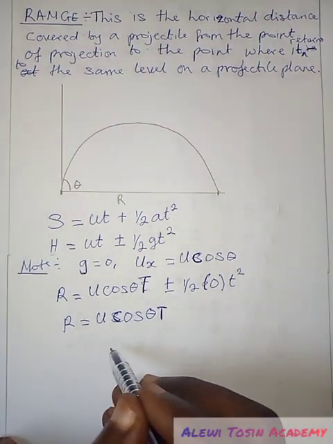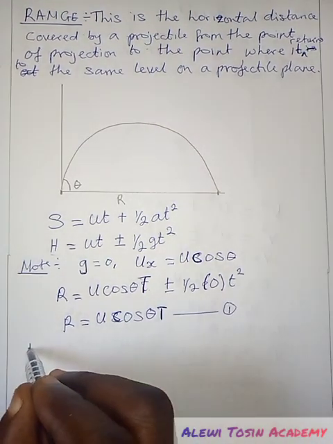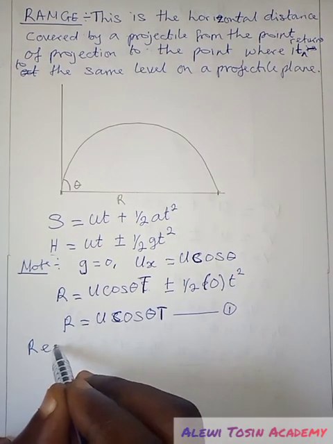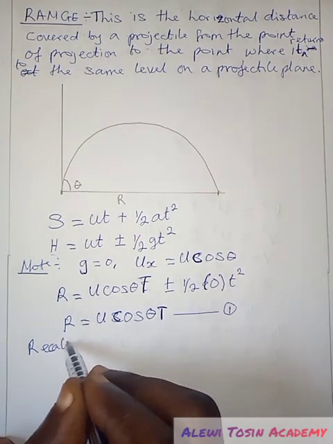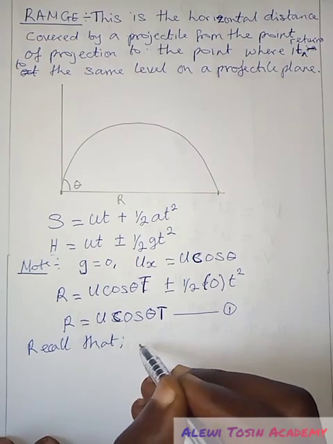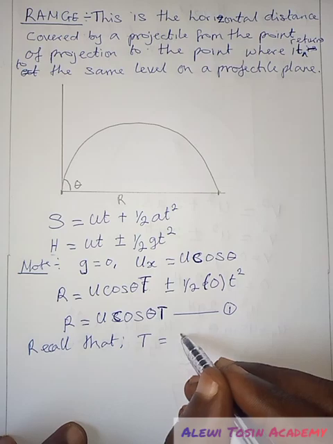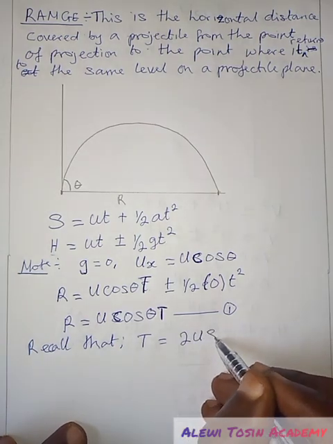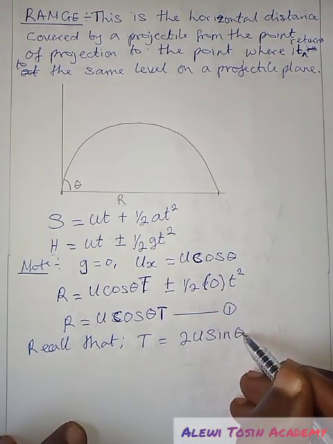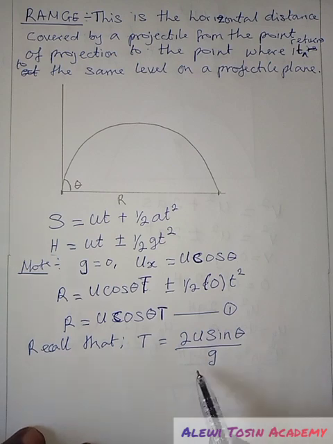Recall that we said our time of flight is equal to 2u sin theta over g. We explained this in our video where we talk about time of flight.